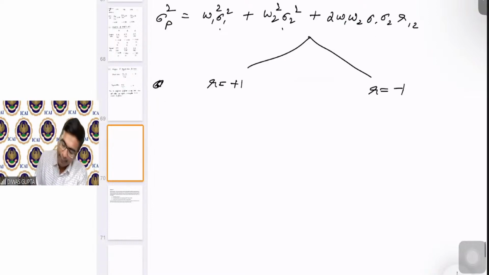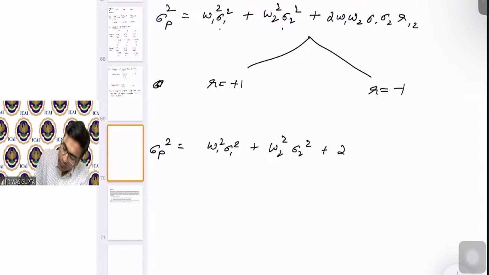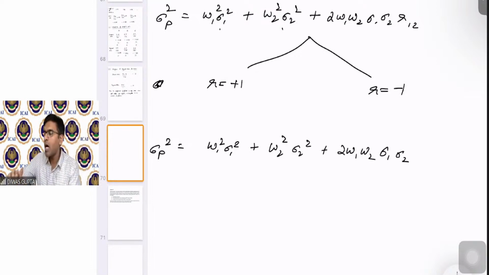In that case, this will become till here, because R12 as +1 I am ignoring.